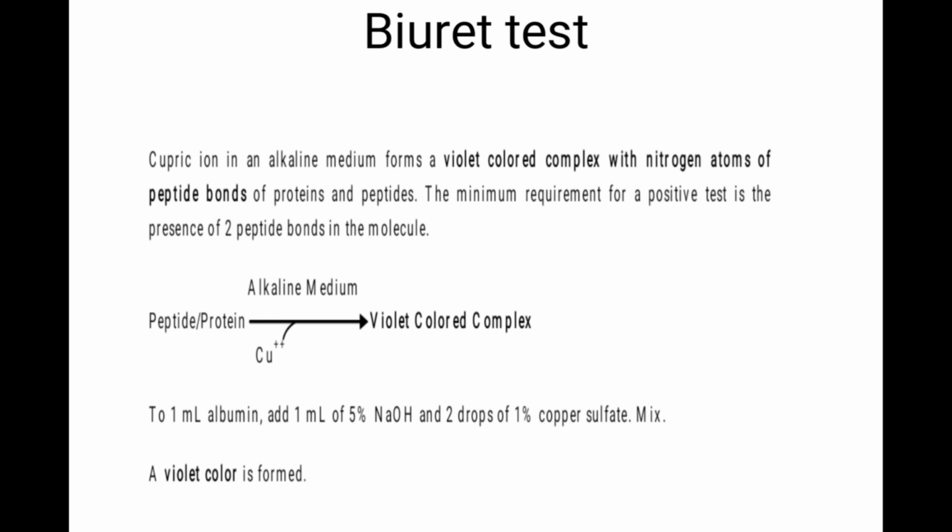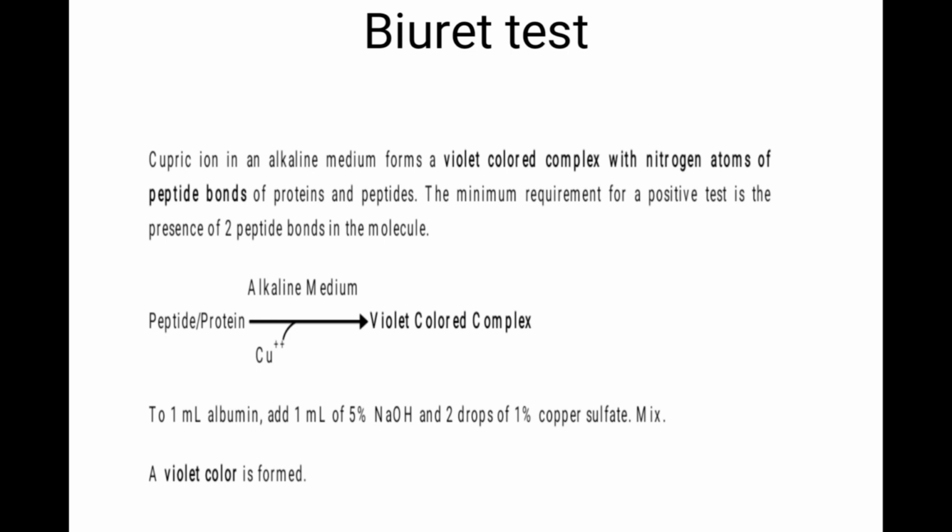The minimum requirement for a positive test is the presence of two peptide bonds. Usually this question is asked. What is a peptide bond? You know that amino acids are linked together by peptide bonds in protein.